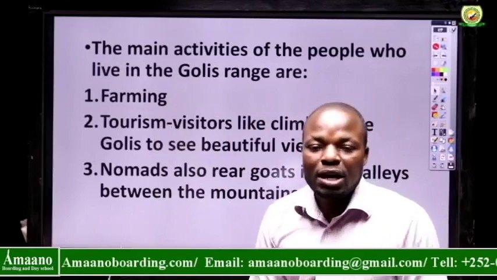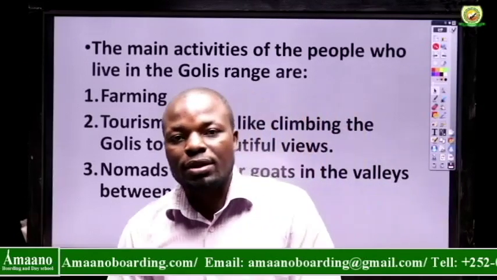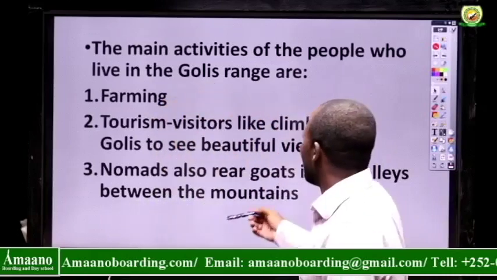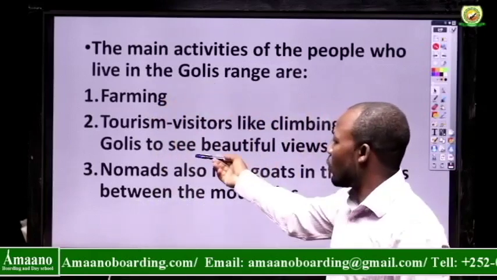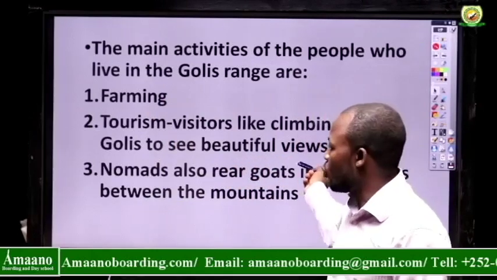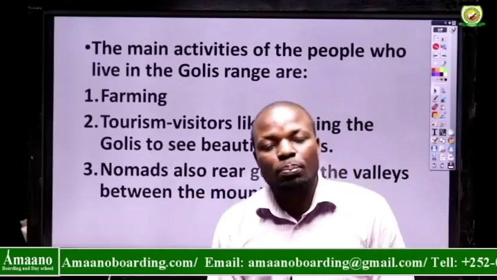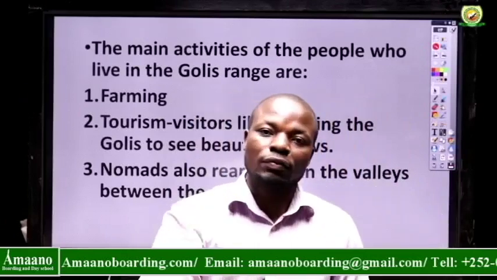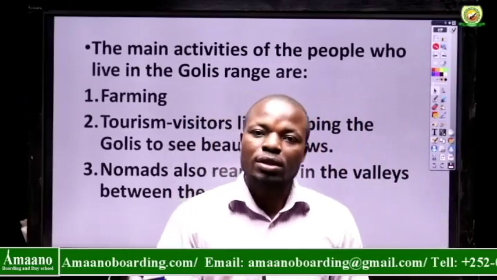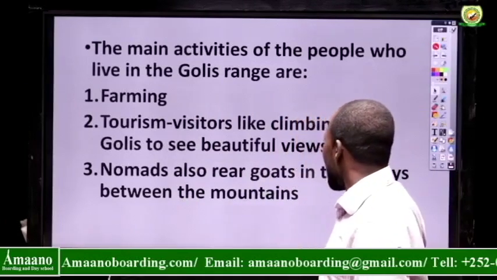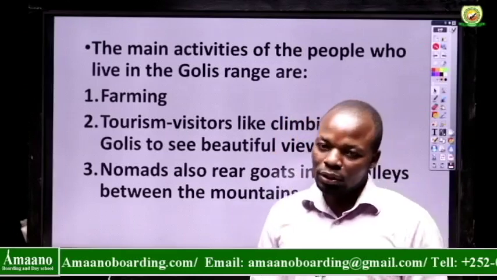A tourist is a person who visits different places to view beautiful things that are there. So tourists like climbing Mount Golis to see beautiful views. And we also have nomads that rear goats. So nomadic pastoralism is also an activity that takes place in the Golis mountain range. Nomads rear goats in the valleys between the mountains.